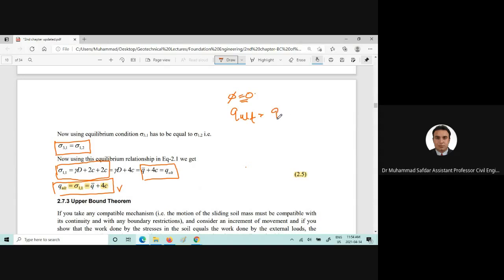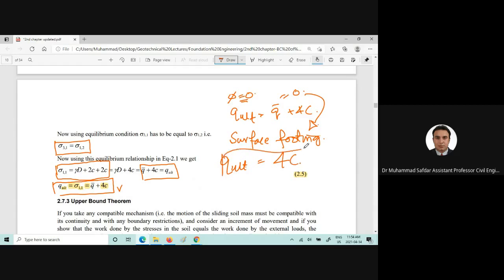Here, it's q bar plus 4c. Now, for the surface footing, if we place it on the surface, this q bar would be equal to 0. And q ultimate would be equal to 4c, and that c is the cohesion of the soil.